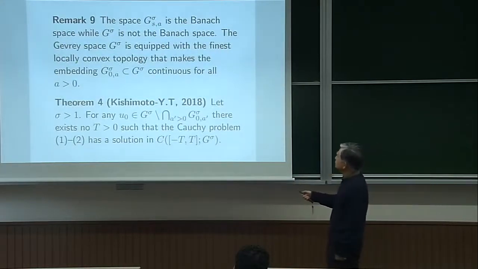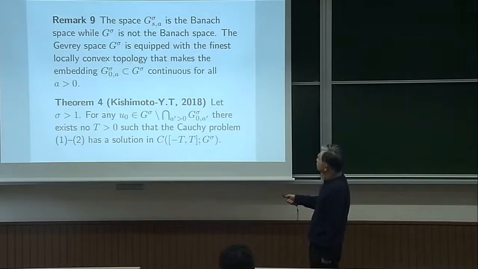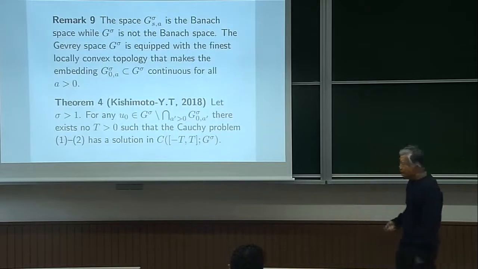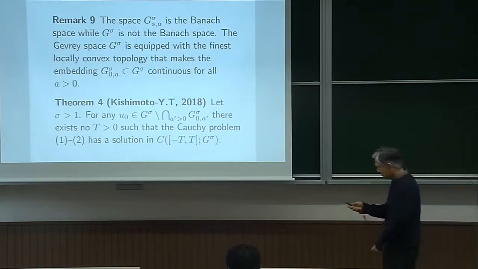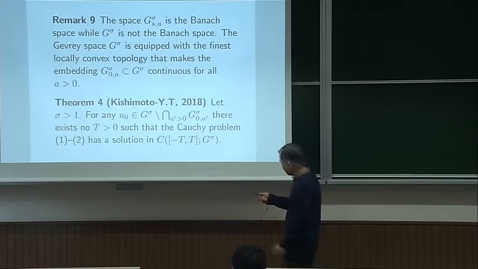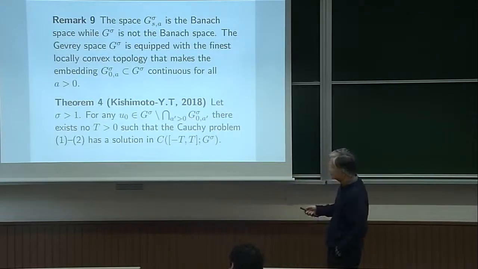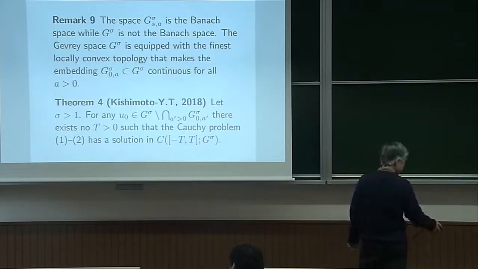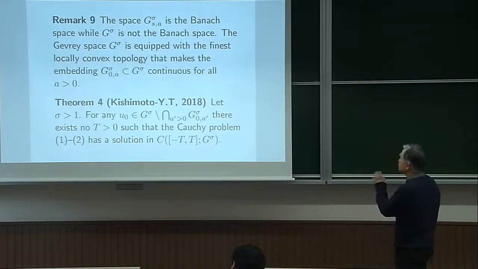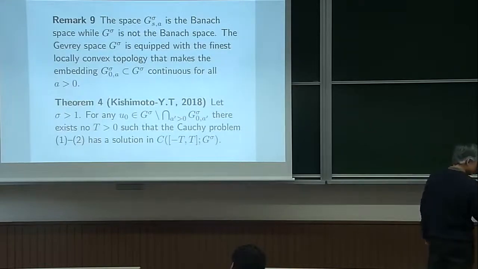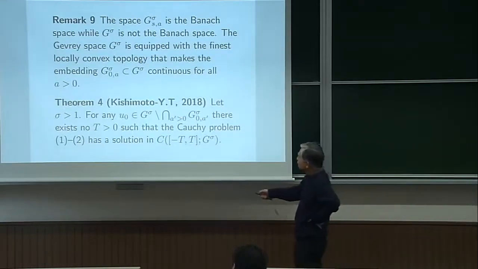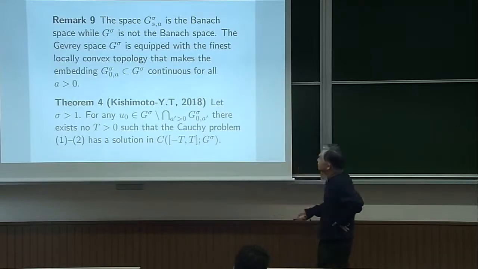The Gevrey space G sigma is equipped with the finest locally convex topology that makes the embedding of G sigma 0 A into Z sigma continuous for all A positive. But we have a general theory for locally convex topology, and I don't want to go into details about the topology. So this is my last theorem.